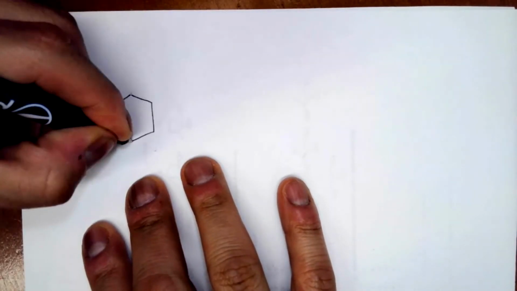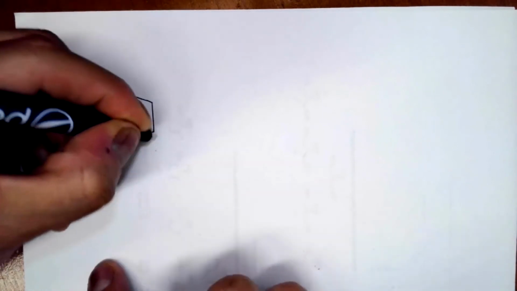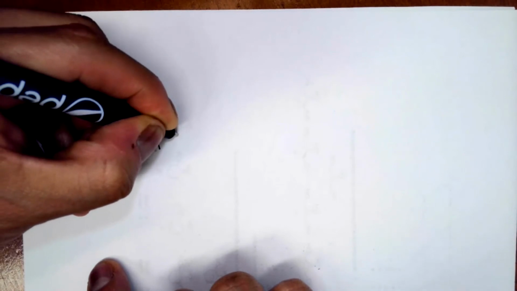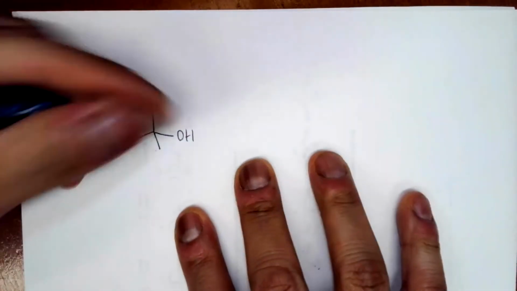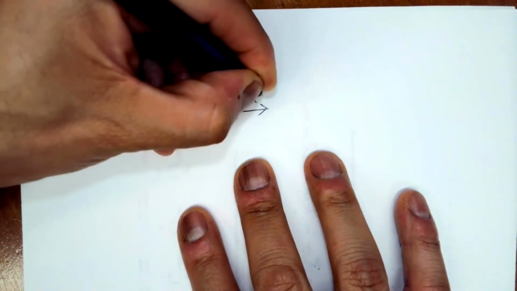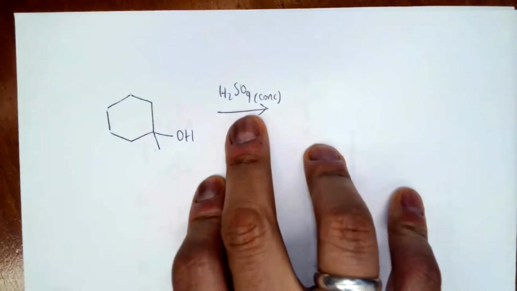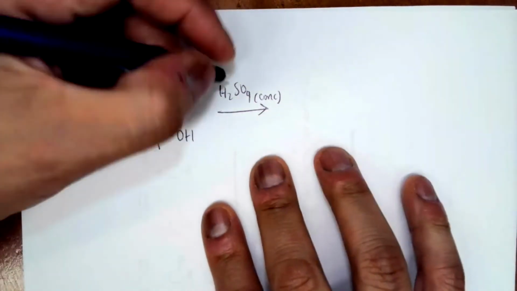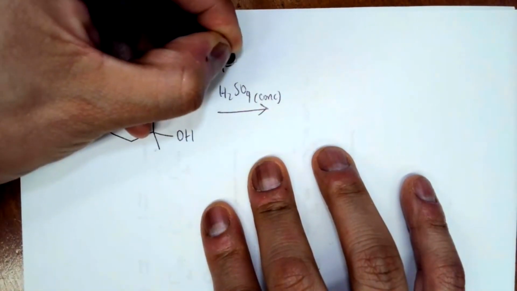Let's say I have this OH, and we treat it with concentrated acid, for example, sulfuric acid. Concentrated sulfuric acid. What happens here is that sulfuric acid is a source of hydrogens.